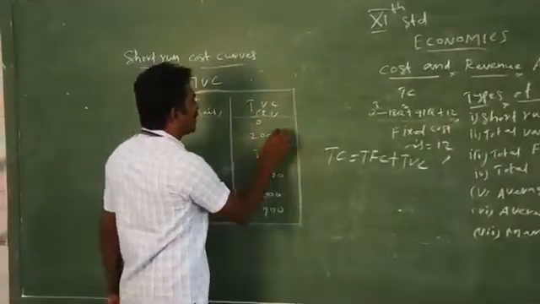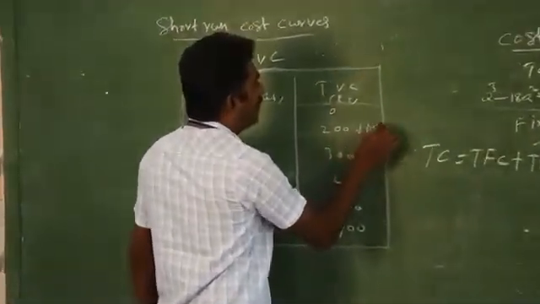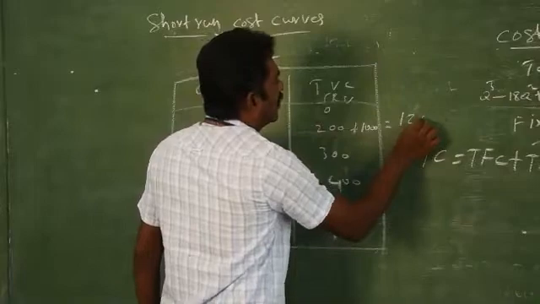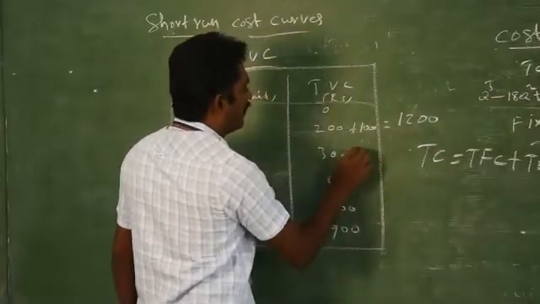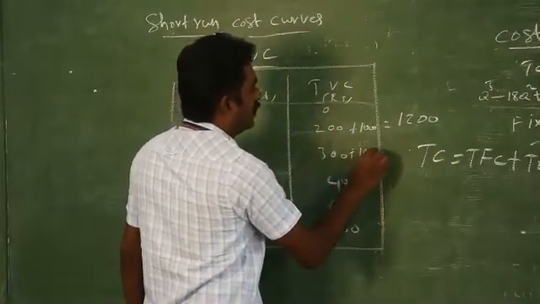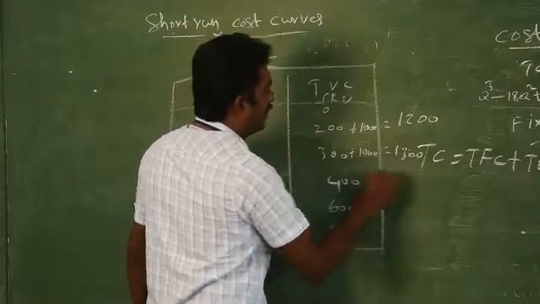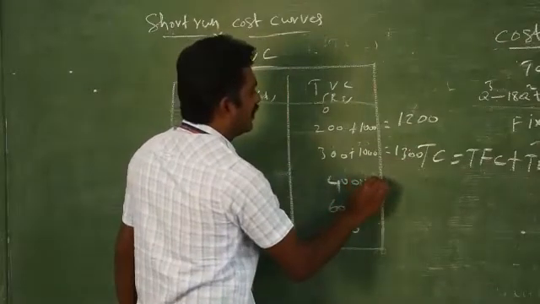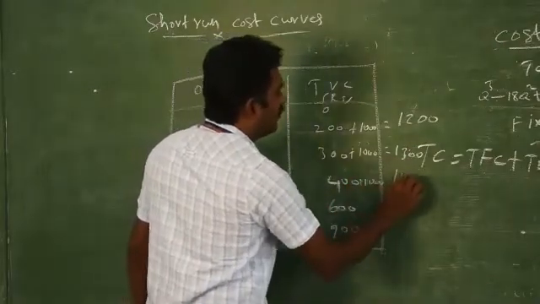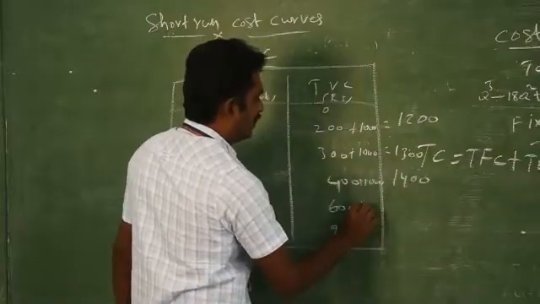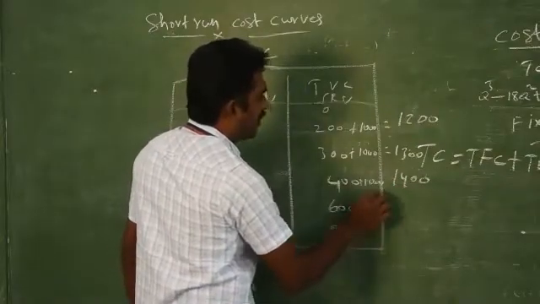Here total variable cost, 1200, 1300, this is 1000, 1400, 1000. All these have the fixed cost.